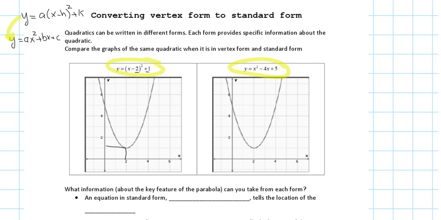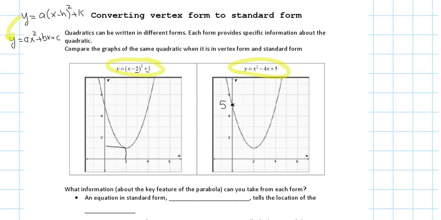No. But what can you find from the standard form? What key feature point on the graph matches the y-intercept? If you look at the y-intercept, it's at 5. What value of the standard form matches the y-intercept?